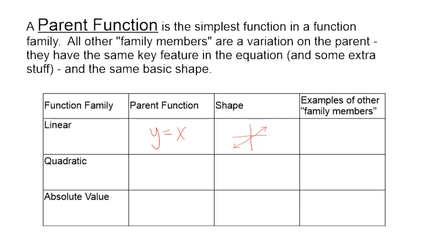So other examples of the family members would be like y equals 2x, or y equals 2x plus 3, or really y equals negative 3 halves x plus 4. Notice that all of these still have that key feature of just the single x in them, and then the other pieces of information make changes onto that.